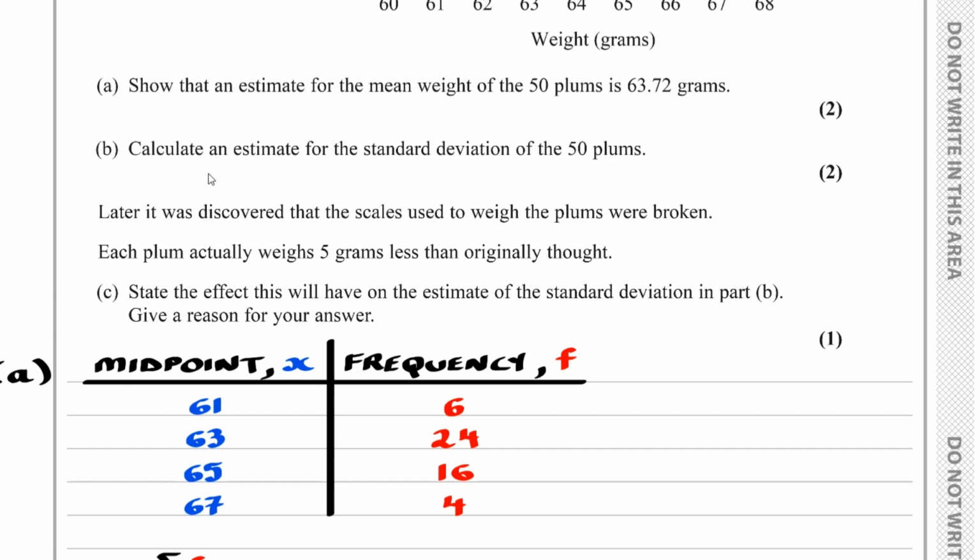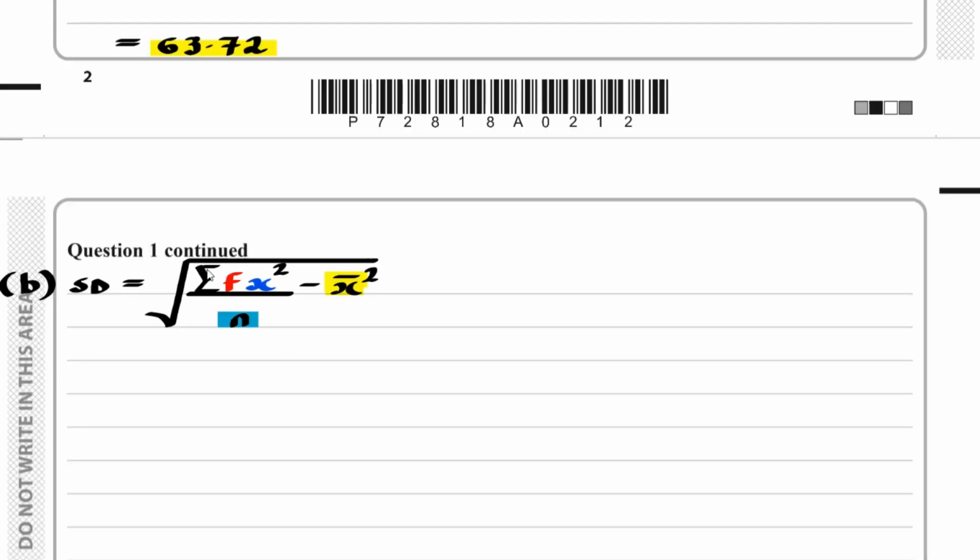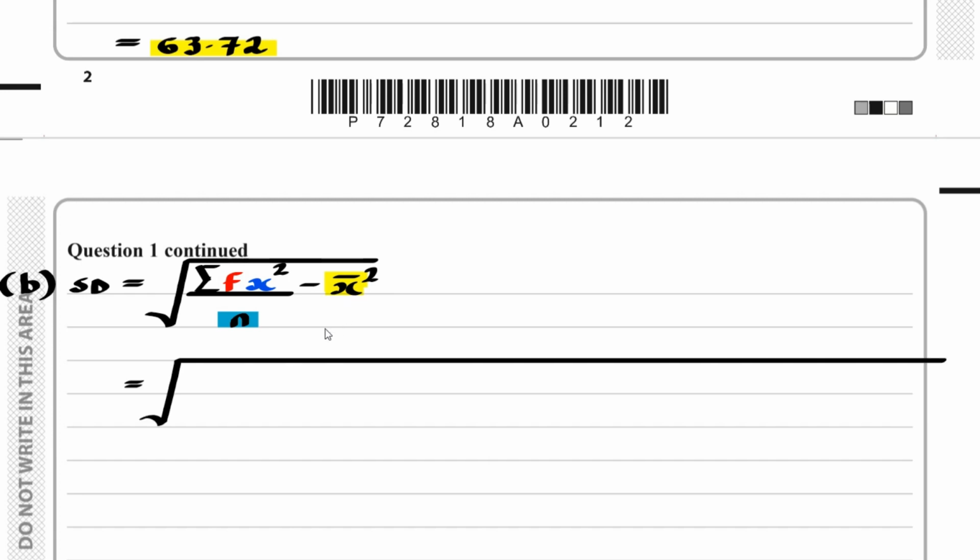Part B: calculate an estimate for the standard deviation of the 50 plums. For part B, the standard deviation is given by the formula: the square root of the sum of the frequencies times the x squareds over n, subtract the mean squared. So we have the square root of frequency times x squareds added together.